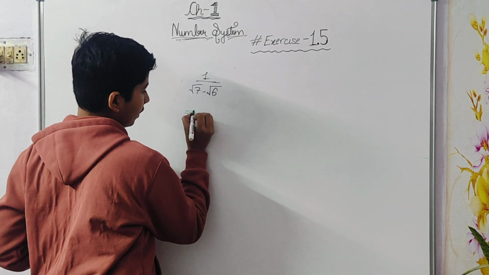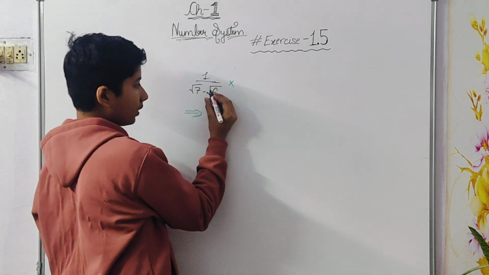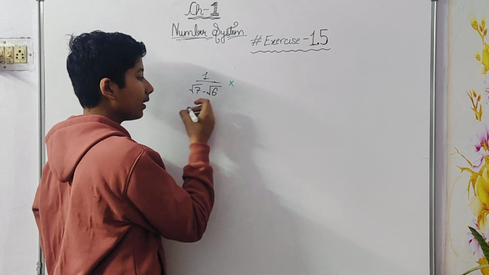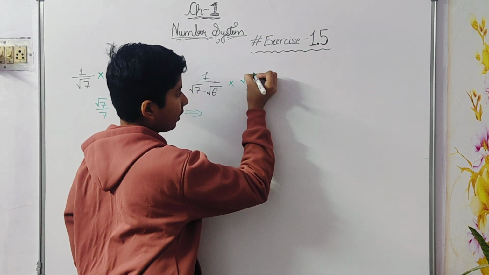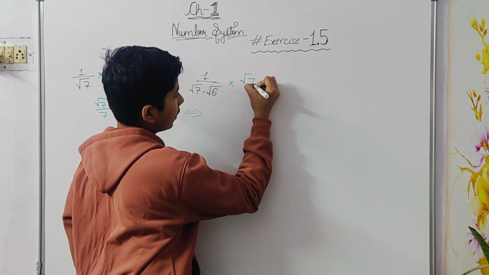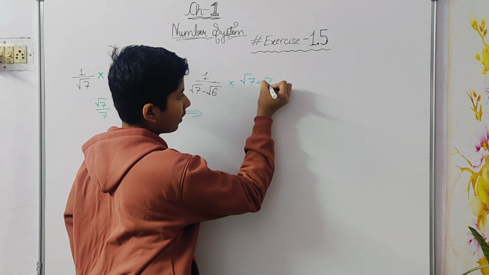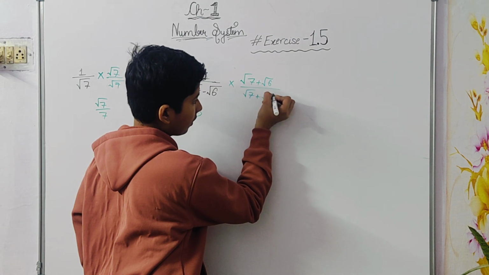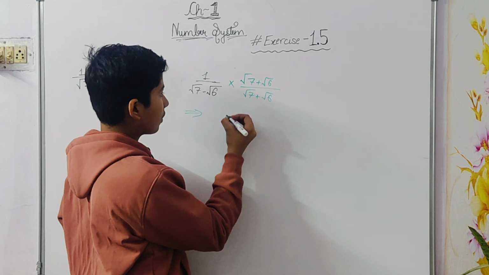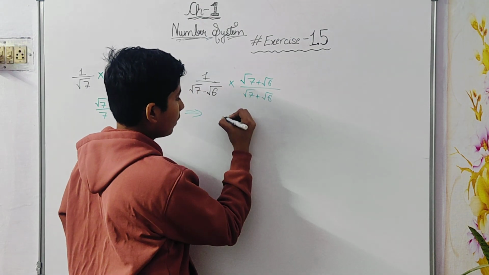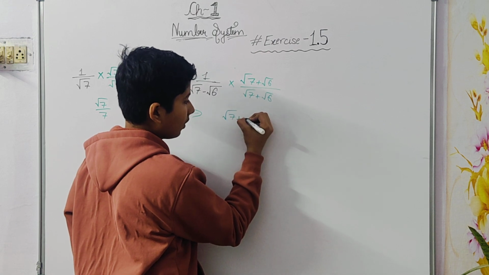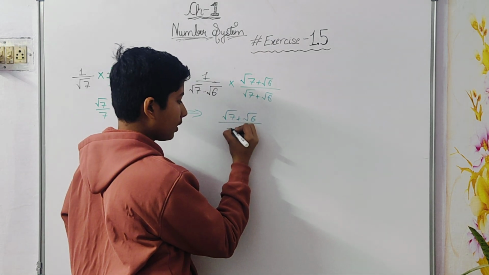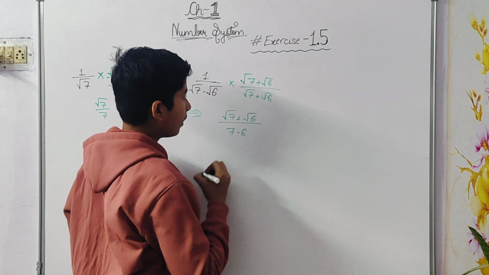And this one, how will you do it? There are two irrational numbers. So what you will do is just change the sign: root 7 plus root 6 upon root 7 plus root 6. So it will be root 7 plus root 6 upon 7 minus 6. Why?